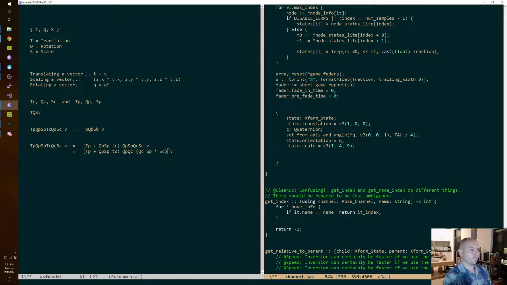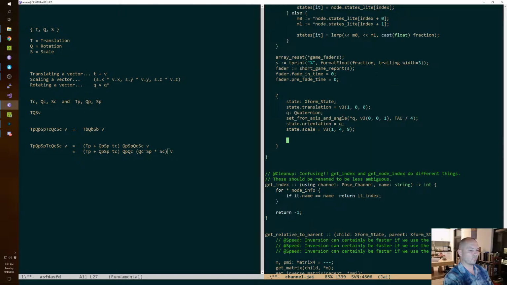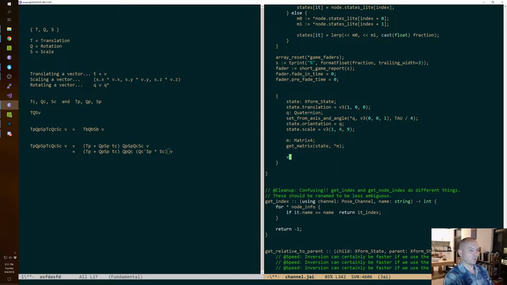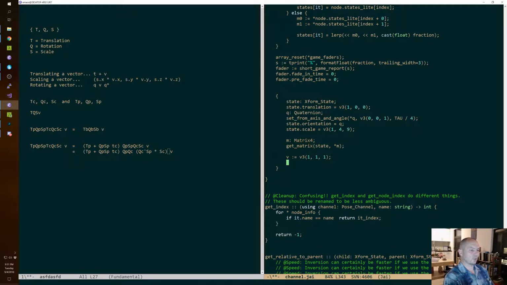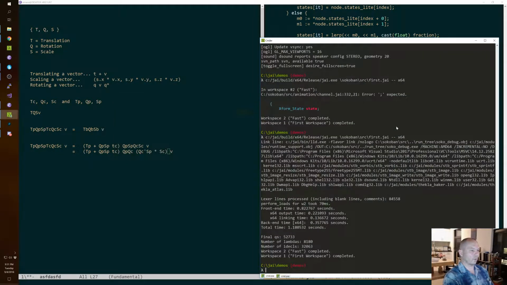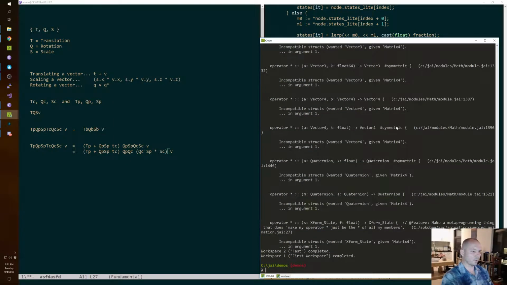Now I'm going to say get matrix and I'm going to say V. Does that compile? So many operator timeses.